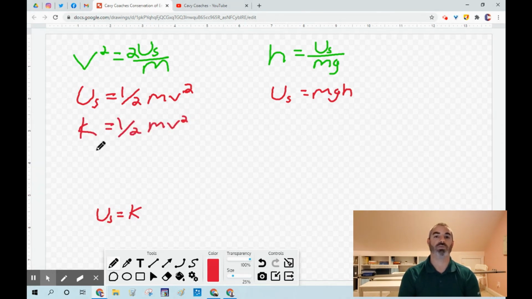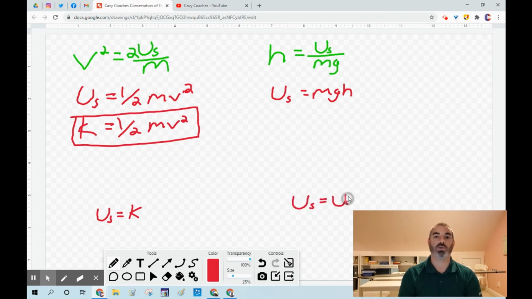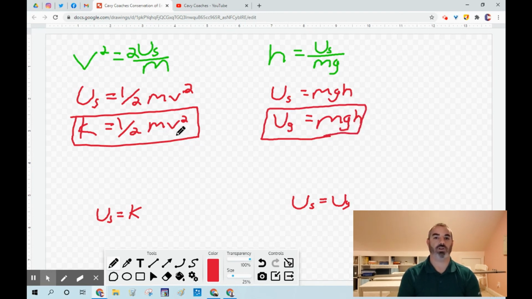We can replace stored spring energy with kinetic energy, and that means kinetic energy is equal to 1/2 mv squared. In this particular lab, we know that our stored spring energy changed to gravitational energy, so we can substitute gravitational energy, and gravitational energy is equal to mgh. So Ug is equal to mgh is how you calculate the value of the gravitational energy. So we have our equations for kinetic energy and gravitational energy.